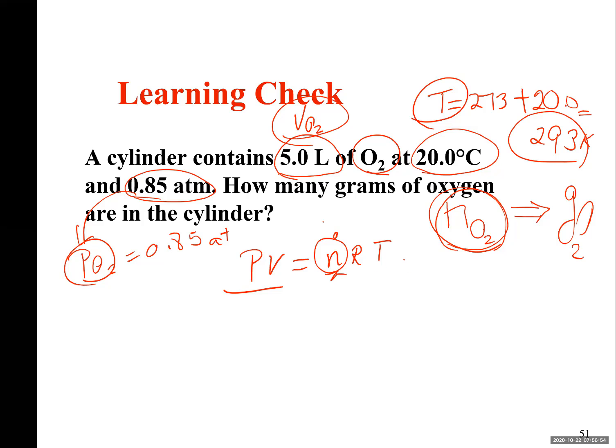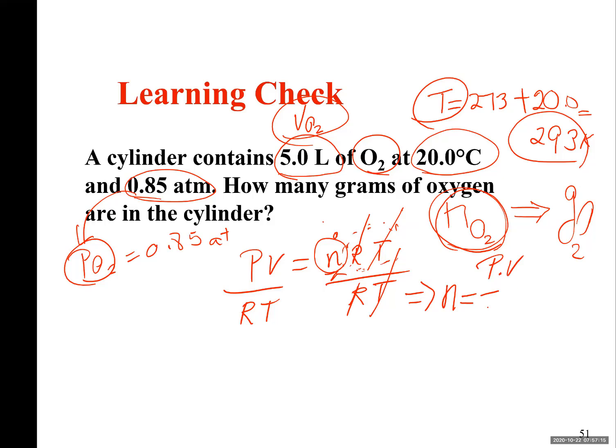Can I divide both sides by RT, which are coefficients of our unknown? If I do that, I can cancel T and T, R and R. So the number of moles is equal to pressure times volume divided by gas constant times absolute temperature. And all of these are given already.